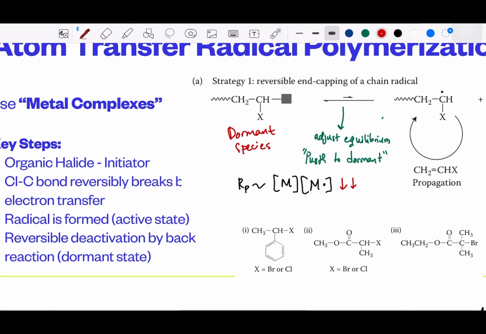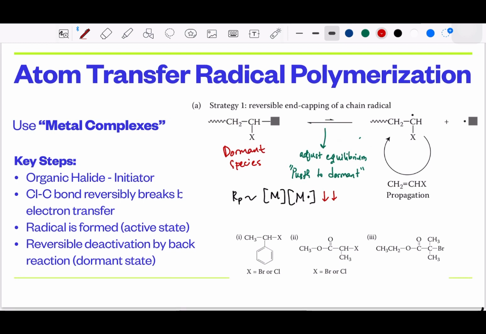I think it depends on conditions, but they are typical initiators. By the end of these steps, the termination is strongly suppressed.